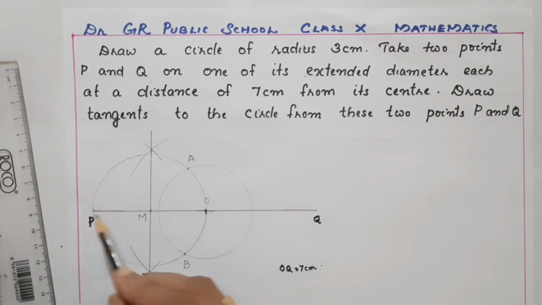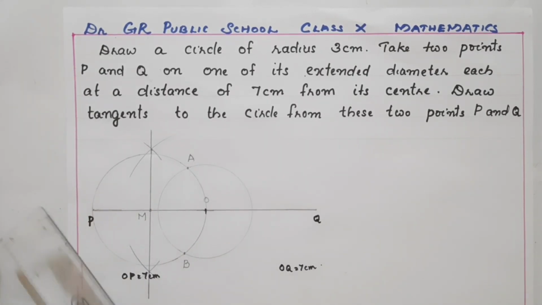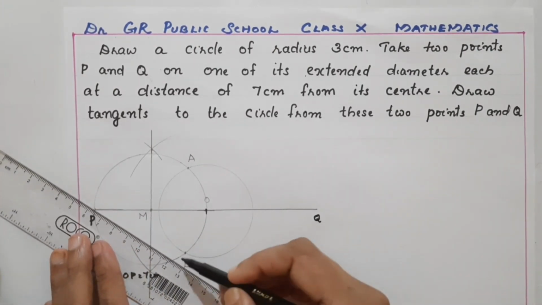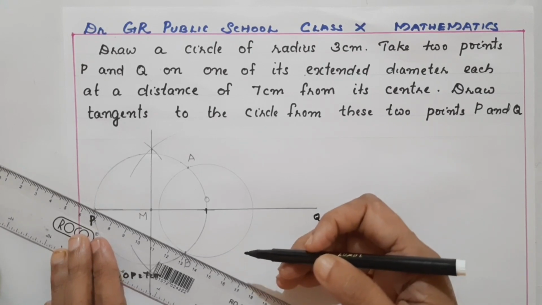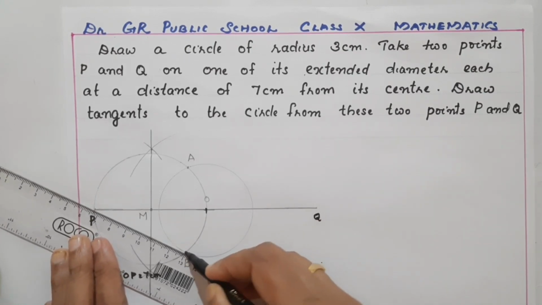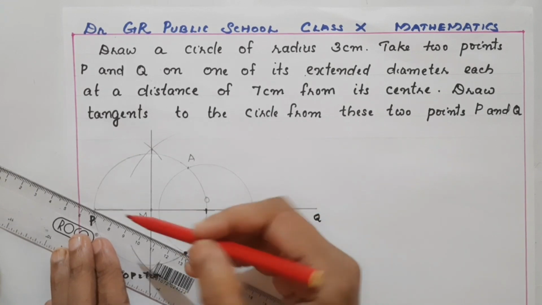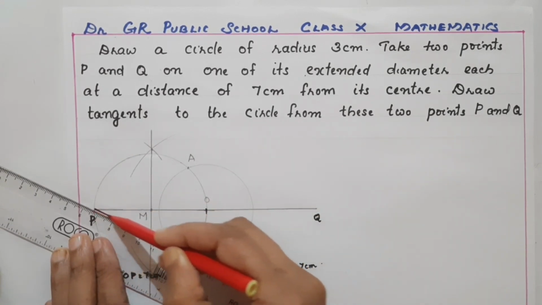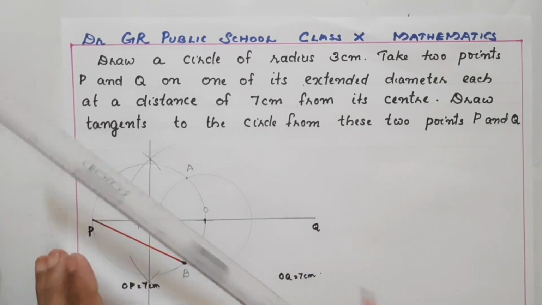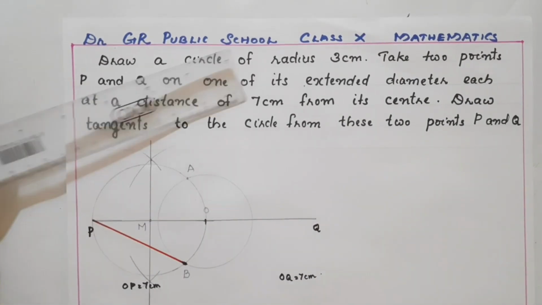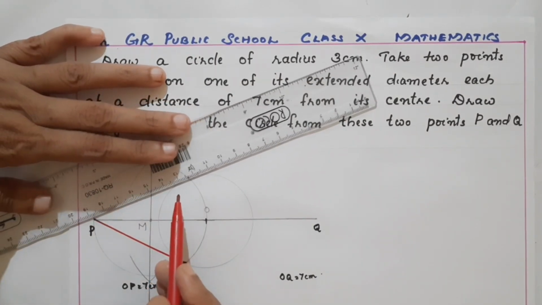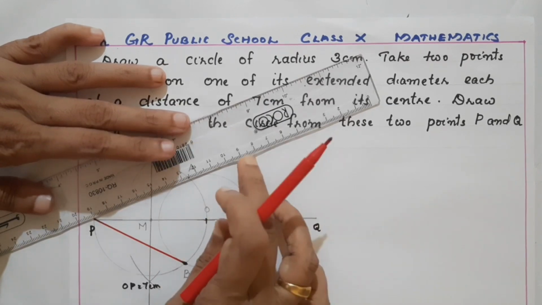Now when we join PA and PB, we will get tangents from P. So this is one tangent PB, then another tangent by joining this point of intersection of these two circles.